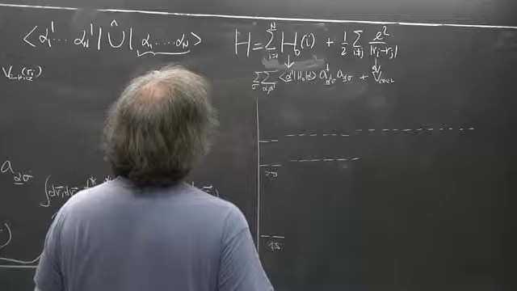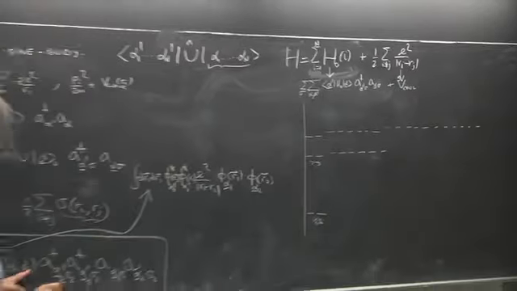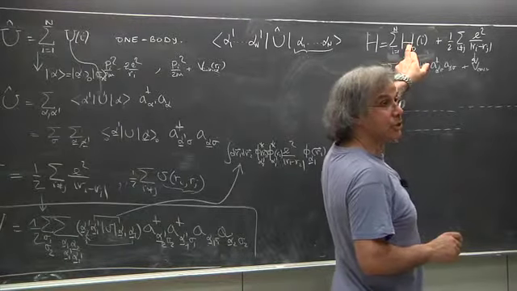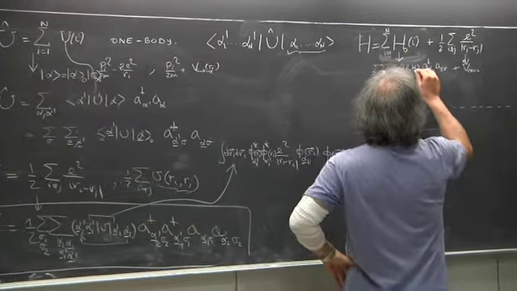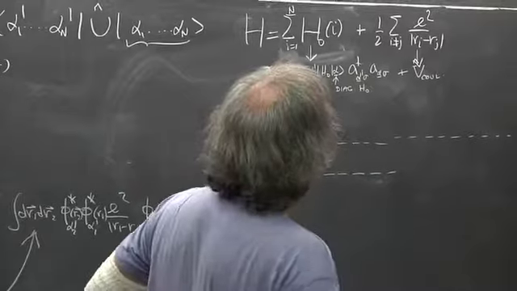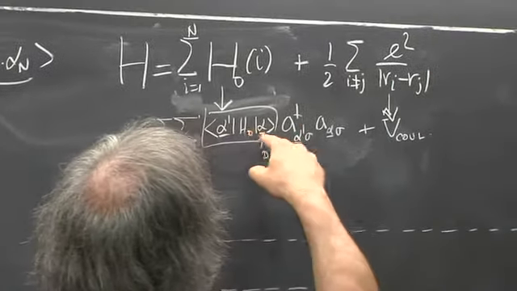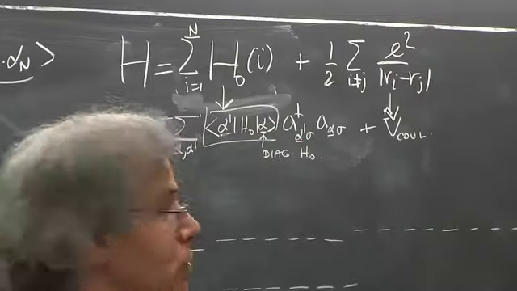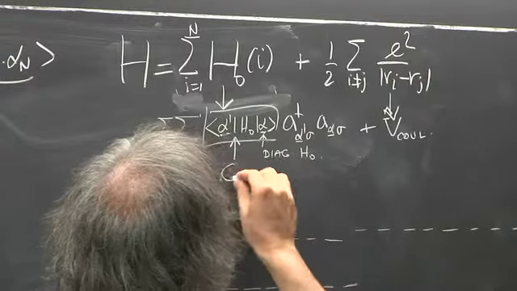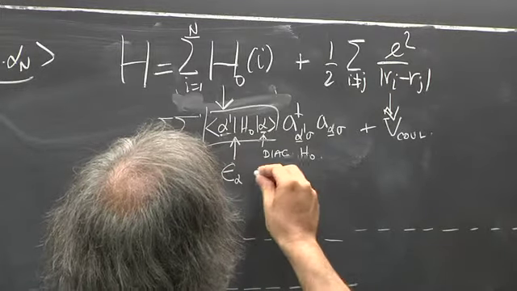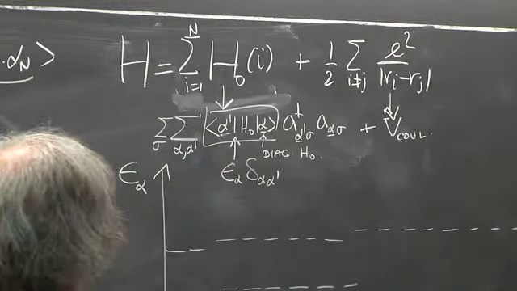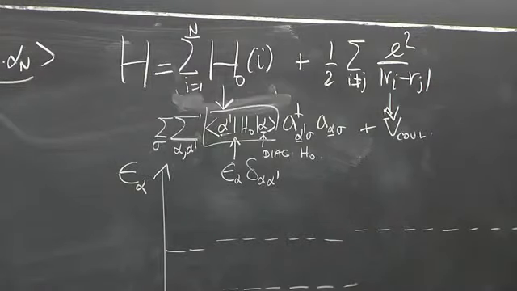Now, suppose that I have selected the alpha basis to be the basis that diagonalizes H0. This means that here, alpha and alpha prime have to be the same, because these are eigenstates. So this object here is equal to the energy epsilon alpha of the state alpha times delta alpha alpha prime, where epsilon alpha is what I'm drawing here. Is this clear?